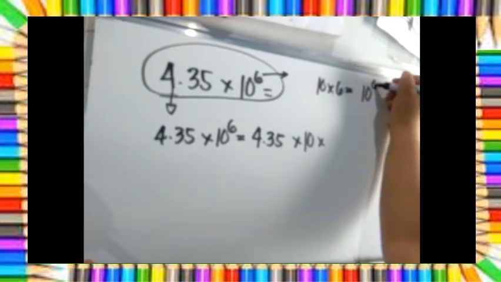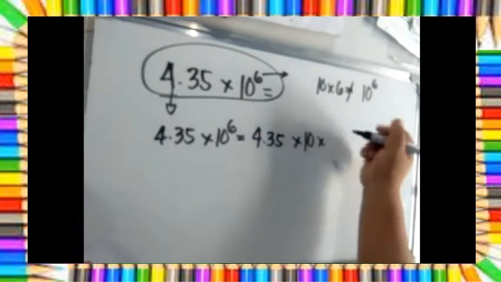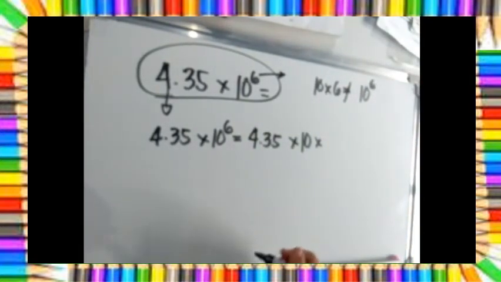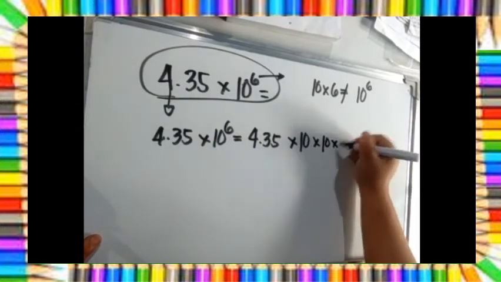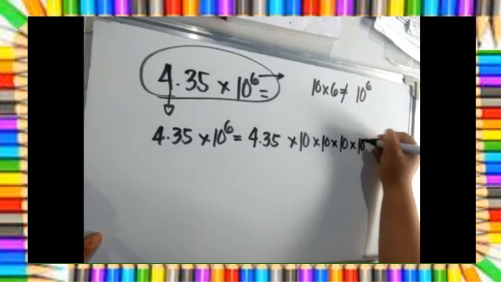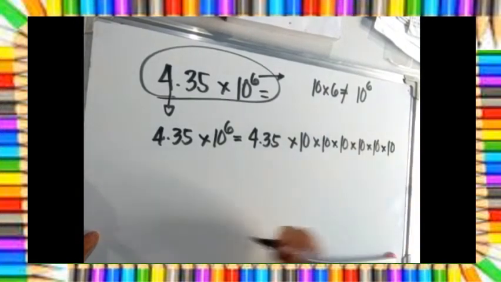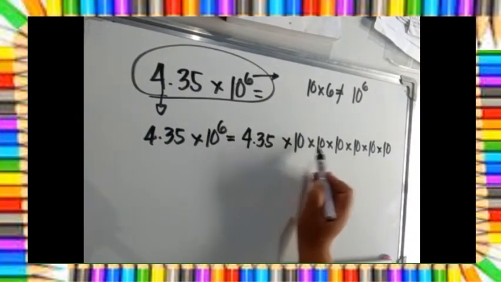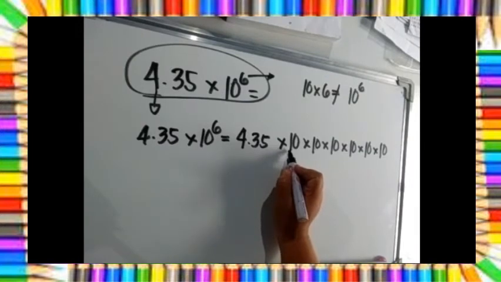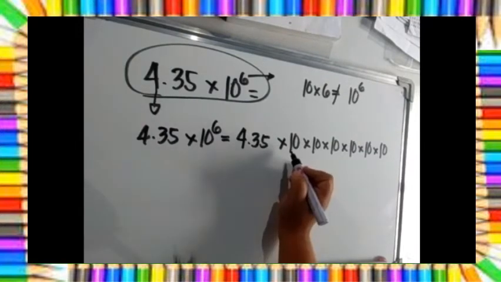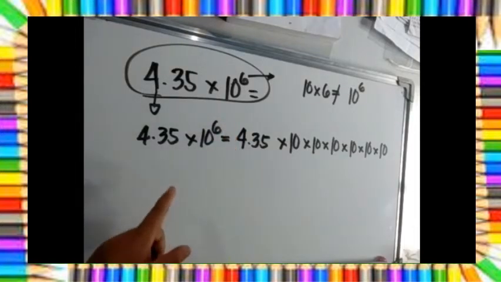So, 4.35 times 10 times 10 times 10 times 10 times 10 times 10. How many 10s, class? 1, 2, 3, 4, 5, 6. So 10 is multiplied by itself six times. That is the meaning of 10 to the power of 6, not 10 times 6.